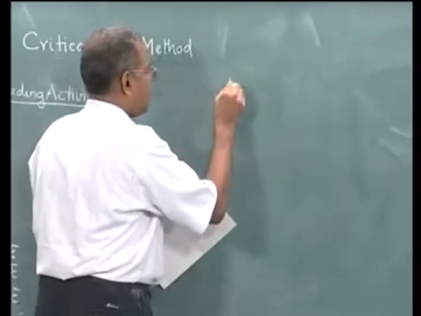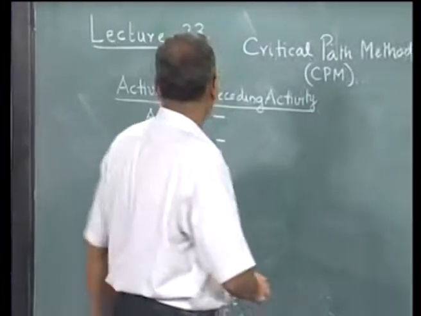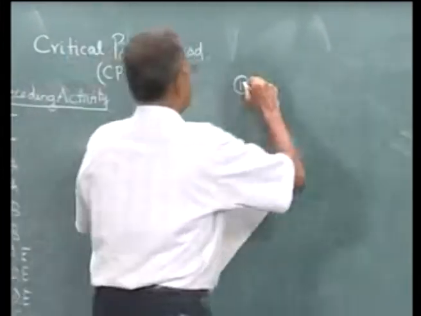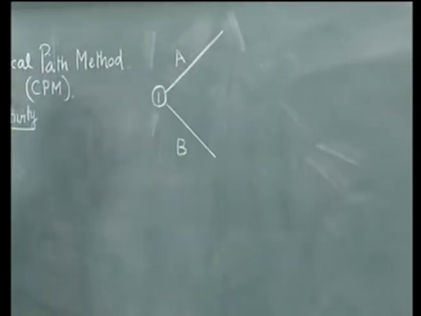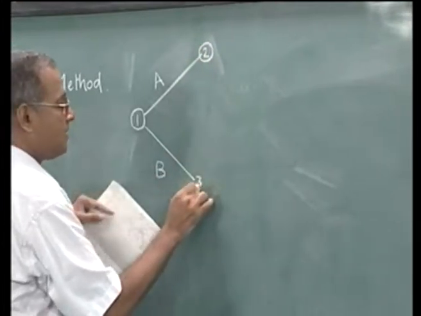So, let us first assume that we start at node 1, and activities A and B do not have any precedence. Therefore, we say this is activity A and this is activity B. Now, we number this as 2 and 3.